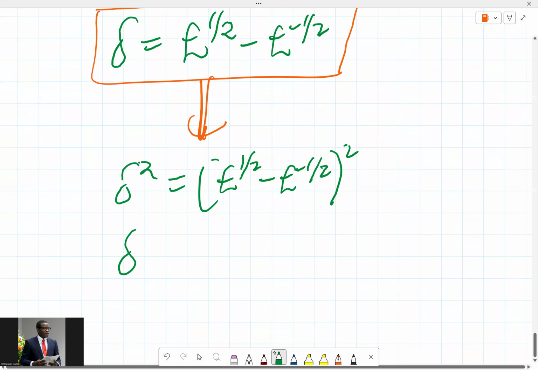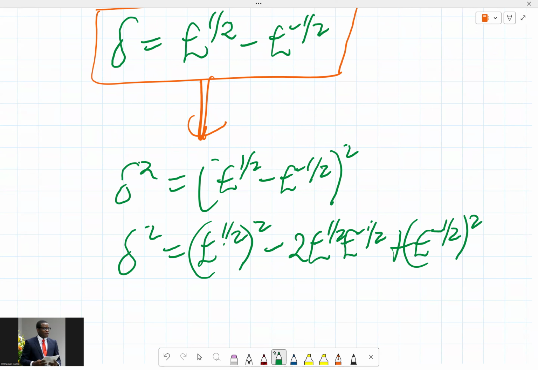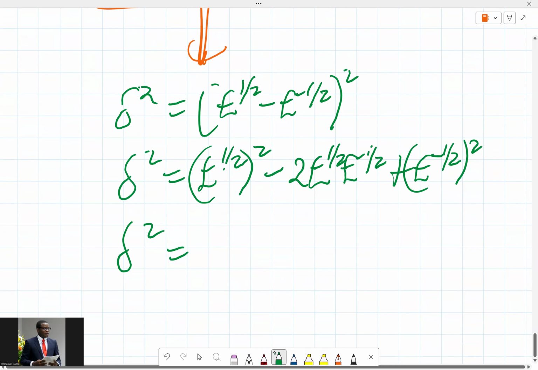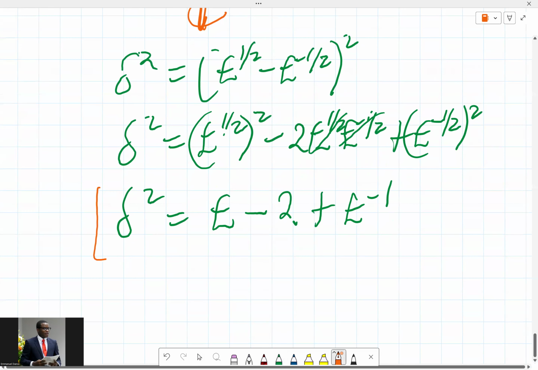If you use binomial expansion, it's straightforward, so we can just expand. We have (E raised to power half) all squared, minus 2 E raised to power half times E raised to power minus half, plus (E raised to power minus half) raised to power 2. So delta squared is E raised to power 1, minus 2 (of course this cancels this), plus E raised to power minus 1, and that is the relationship in that situation.